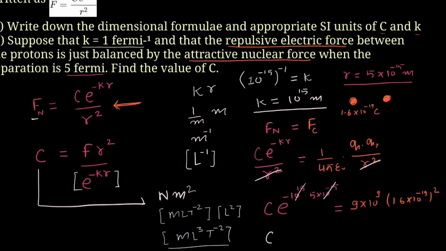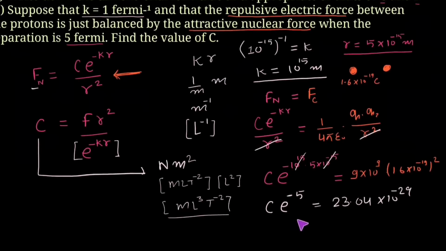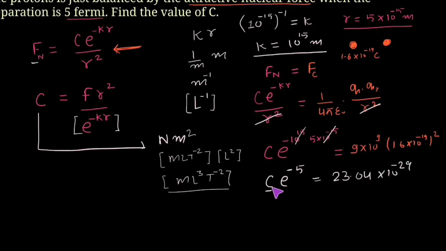So this would become C into e power minus 5. This would be equal to, if we just take the square of this value and multiply with this, we will get 23.04 into 10 power minus 29. And as we have to find the value of C, we will keep C on one side and we will be sending e power minus 5 to the right side of the equal.